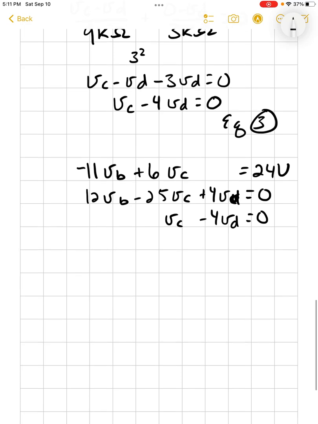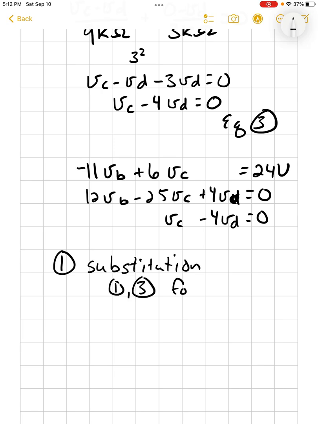Well, there's 3 different ways to solve this. The first 2 are do it by hand. In the first one, we just use straight substitution. The way I would do this, I would basically solve equation 1 and 3 for VC. I would substitute that into the second equation, into equation 2.